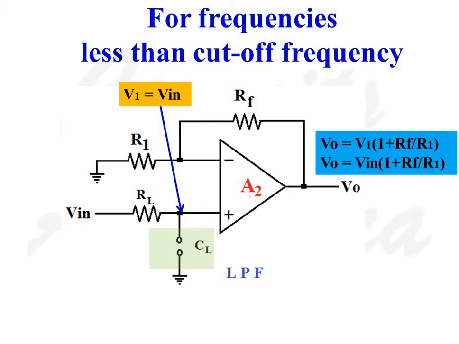So, whatever the input voltage, that voltage appears at the non-inverting input of the operational amplifier, and the output of the non-inverting amplifier is V0 equal to the voltage at the non-inverting input V1 into 1 plus RF by R1. So for frequencies less than the cutoff frequency of the filter, as V1 is equal to Vin, we can write output voltage V0 is equal to Vin into 1 plus RF by R1.